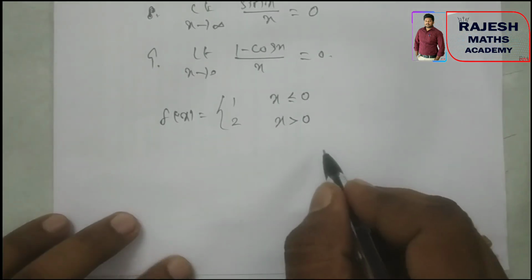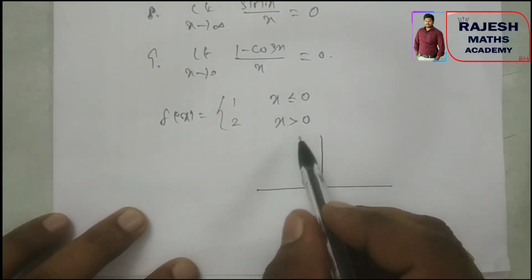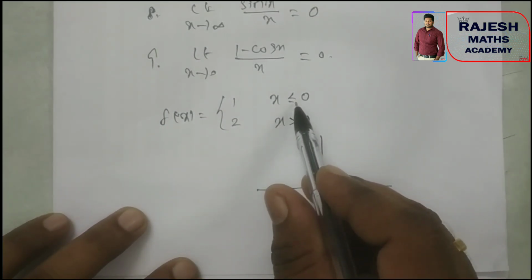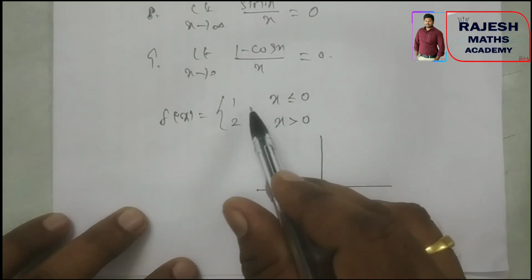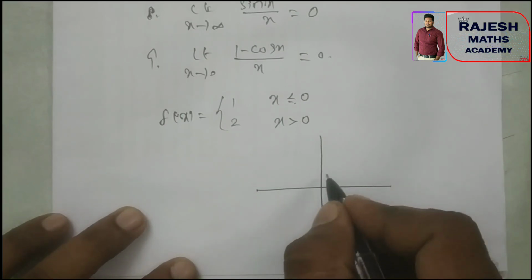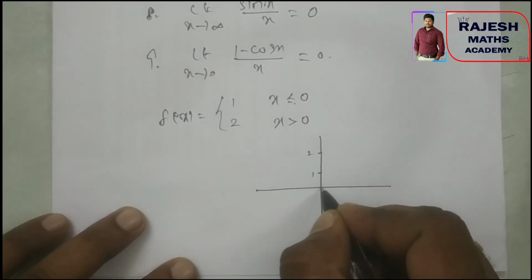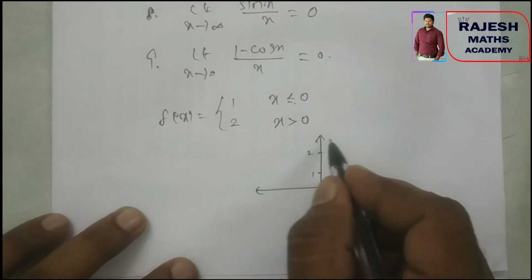Now we try to draw the graph of this given function. Less than or equal to 0 means it is taking the value 1. For example, this is 1, this is 2, and this is the origin, we know that already.